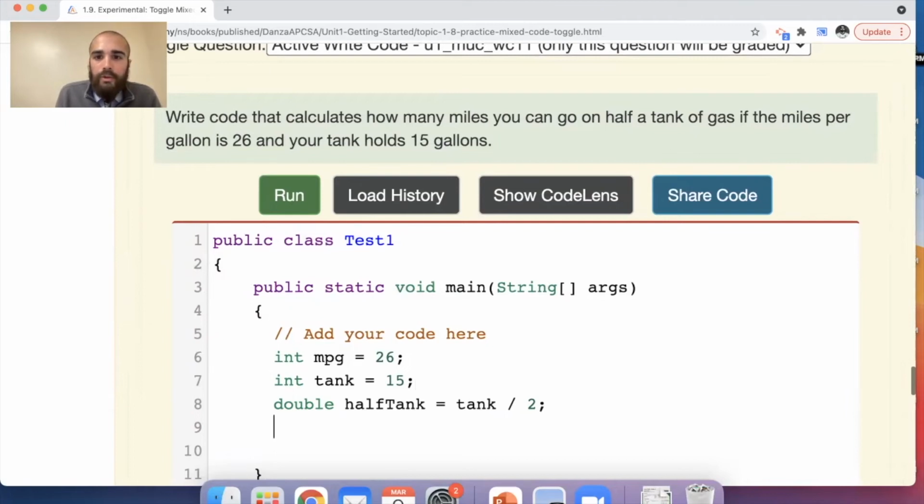Calculate how many miles you can go on half a tank of gas if the miles per gallon is 26 and your tank holds 15 gallons. All right. So miles per gallon, I guess I'll multiply, what do I want to call this variable?